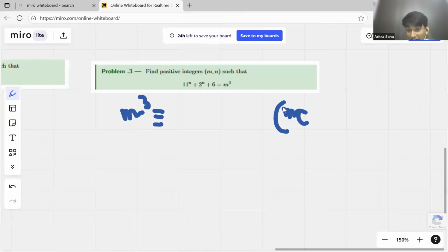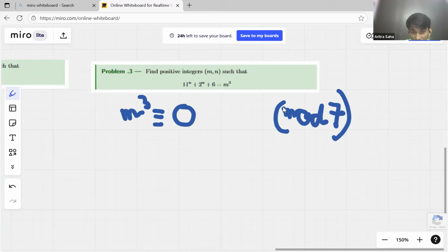In case you have cubes, mod 7 or mod 9 helps the most because x cube is 0 or plus minus 1 mod 7 and 9. Because phi of 7 and phi of 9 is 6, by Euler you get a cube is 0 or plus minus 1 mod 7 or mod 9. So you will get m cube as 0 or plus minus 1 mod 7.